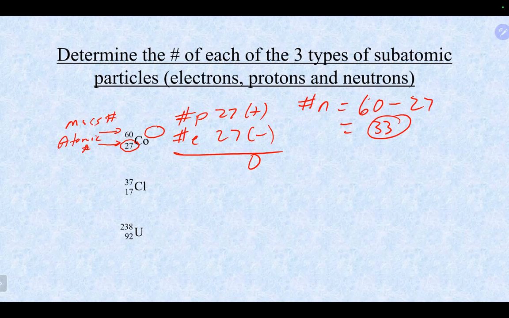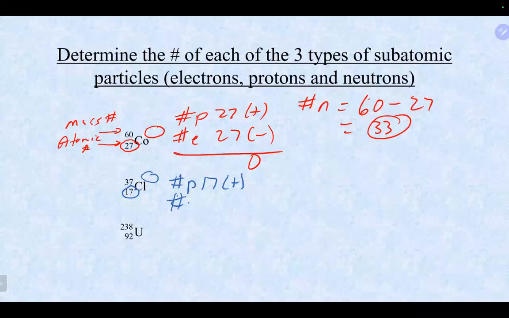All right, so once you finish the other two and see what you come up with, protons, electrons, neutrons in each of those, let's take a look here. Second one there is chlorine. So once again, we'll start with our protons, which is the bottom left number. So our number of protons in this case would be 17 positive. Once again, there is no charge written there, so we assume that it is neutral, which means we need to have a balancing number of electrons, which also should be 17.